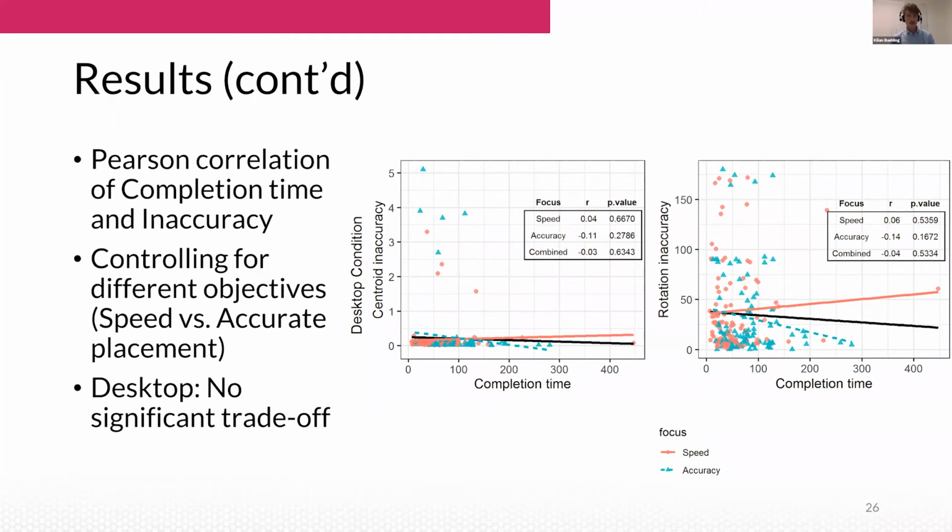So this is somewhat interesting. We hypothesized that there would be no trade-off, since users won't be able, after a certain amount of time, to be more accurate. But there is a trade-off, as we see in the next slide where all the plots are shown.